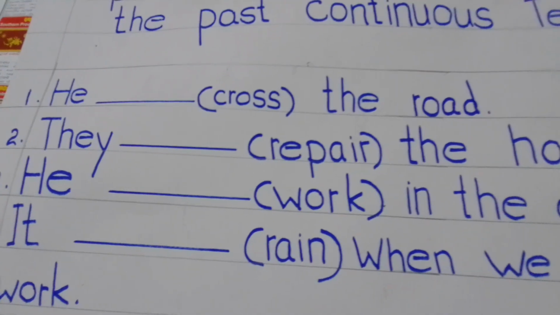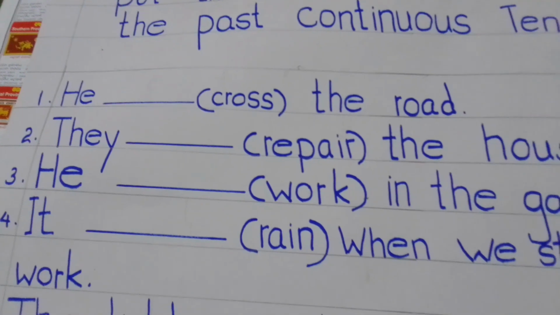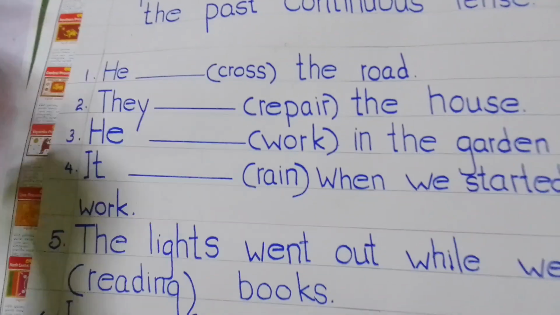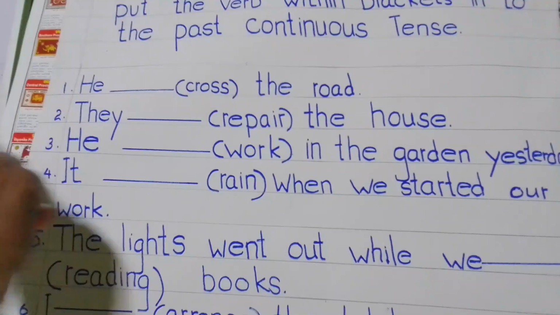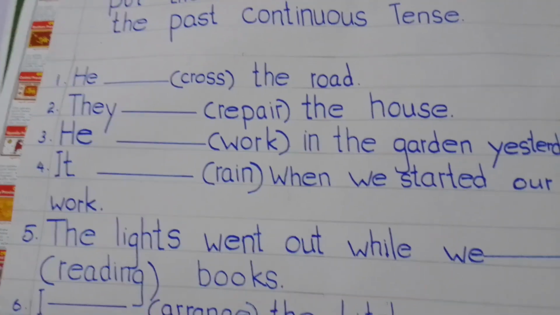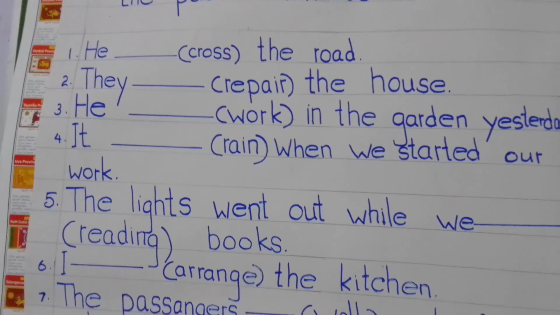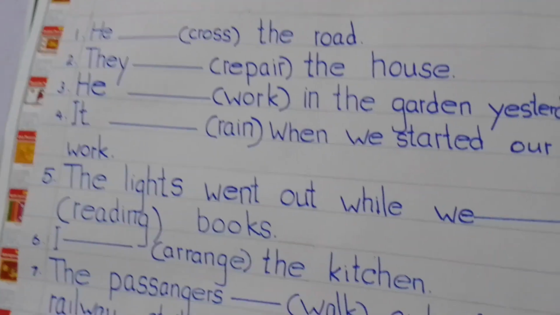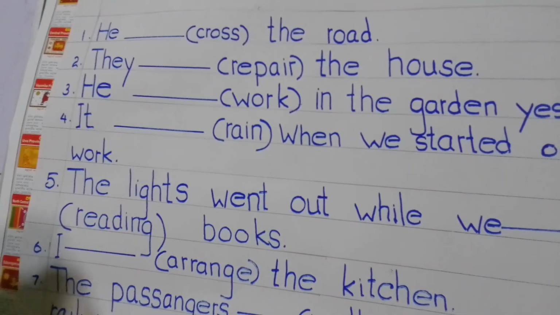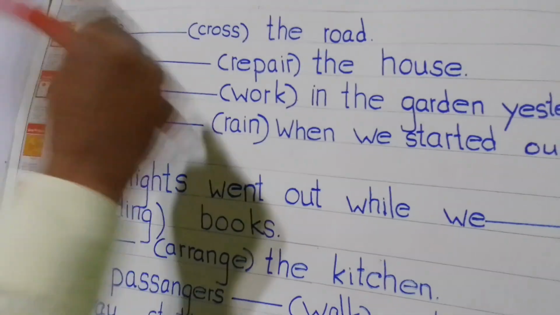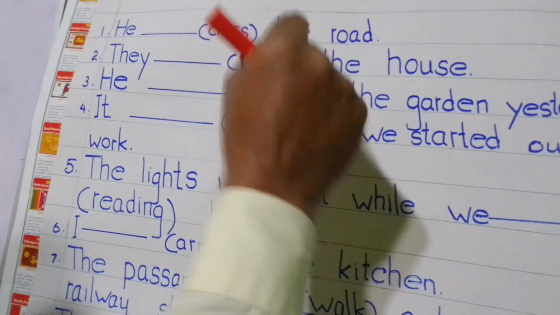Therefore, what is the helping verb that you use? We have to use the helping verb was. Okay, then he was. Within brackets, they have written the verb cross. Okay, we have to write the verb with ing. Therefore, you have to write it as he was crossing the road.